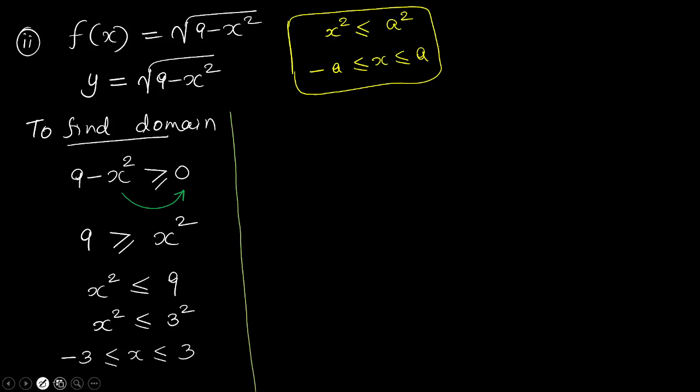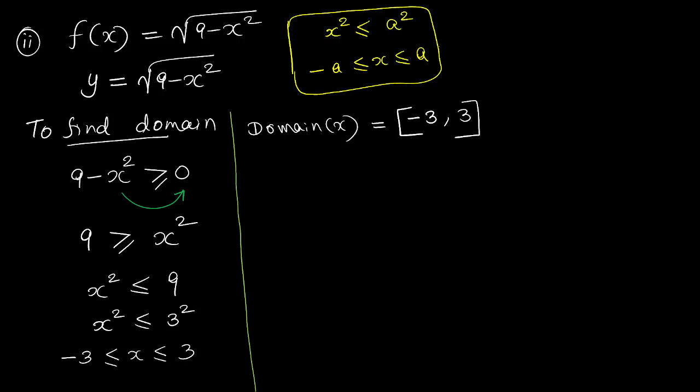So I want the domain. Domain is the possible values of x. The value of x lies between minus 3 and 3, including these numbers, denoted like this: minus 3 to 3.